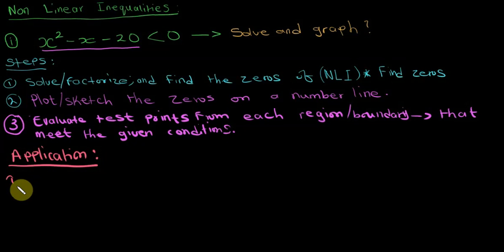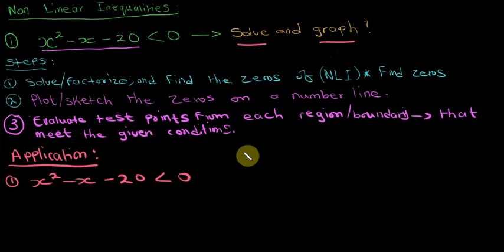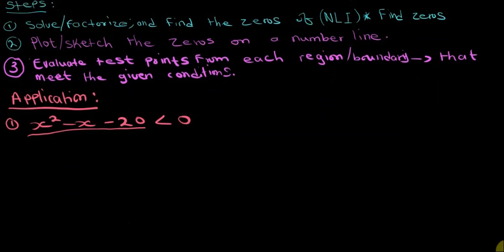Problem 1 is x squared minus x minus 20 is less than 0. We're asked to graph it and sketch it. The condition states that this must be less than 0, in other words, 0 is greater than whatever value we get here. So let's get on to solving, shall we?